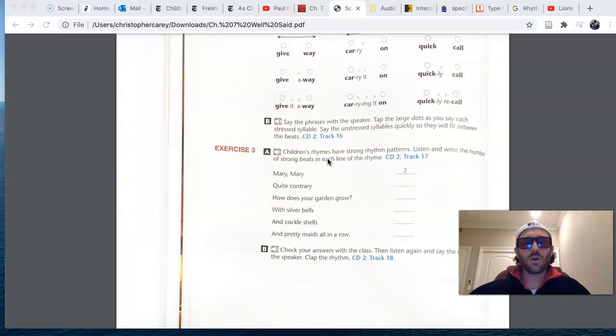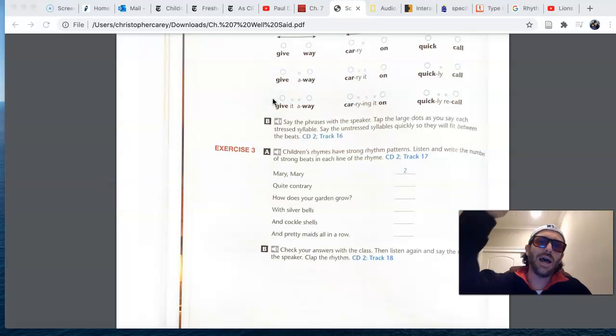So what I want you to do is I want you to play CD2 track 17, and I want you to listen to each phrase here in Mary, Mary, quite contrary. And I want you to write the number of strong beats, syllables that you hear clearly, syllables that sound stressed because the vowel in that syllable is high and loud and clear.